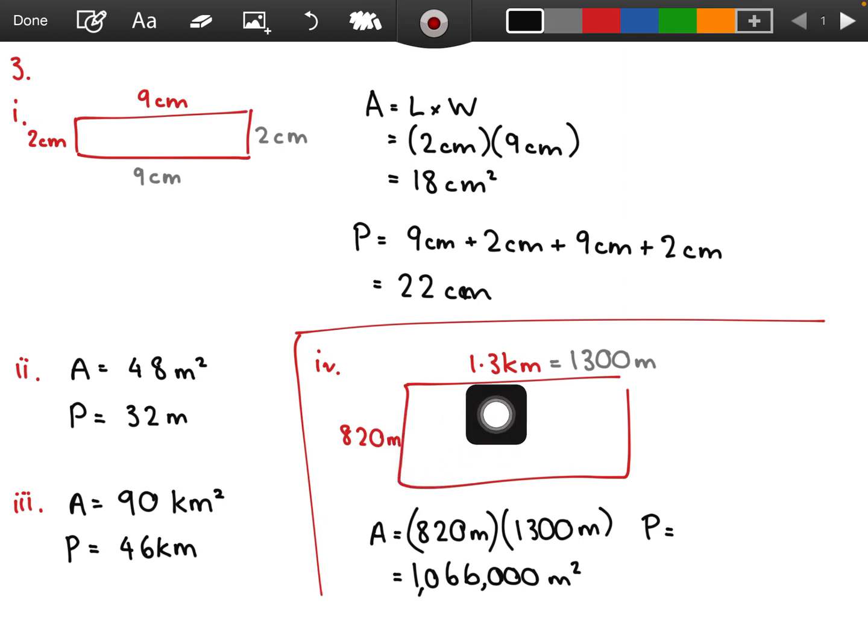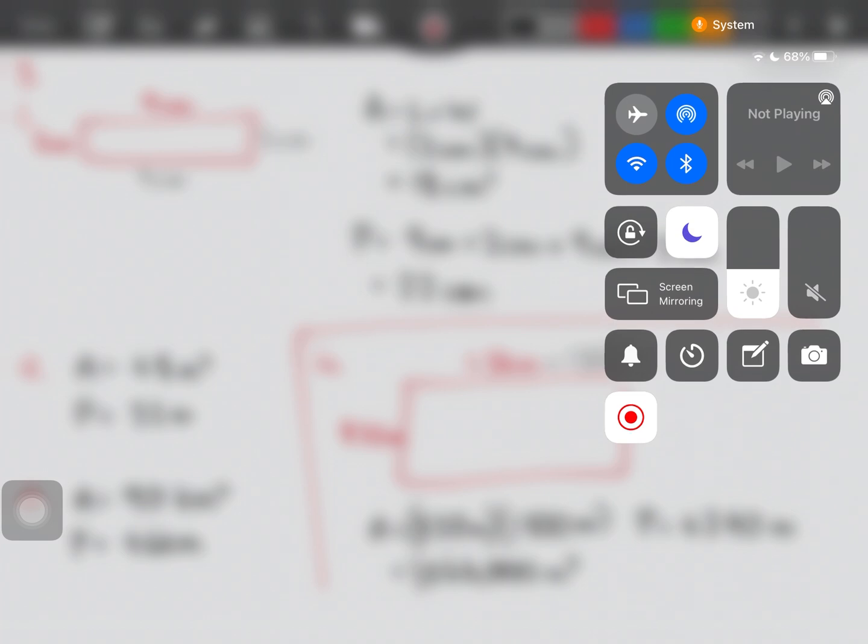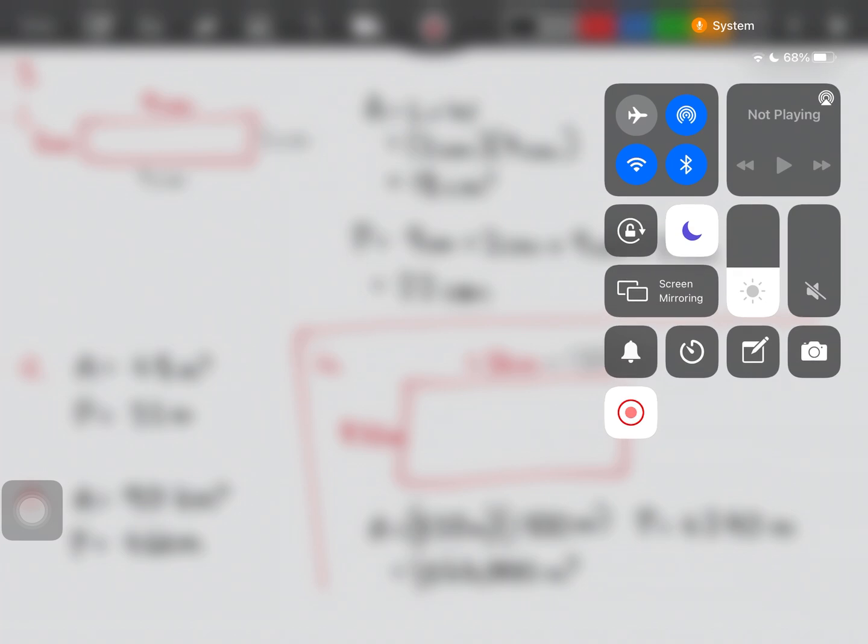Okay, and my perimeter, then we have to add up 820 times 2, or 820 plus 820, plus my 1,300 either times 2 or else just add it twice, so that we get a perimeter of 4,240 meters.